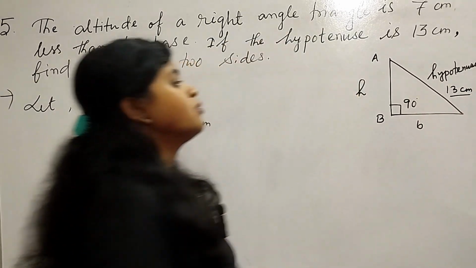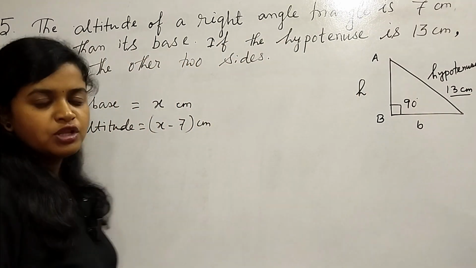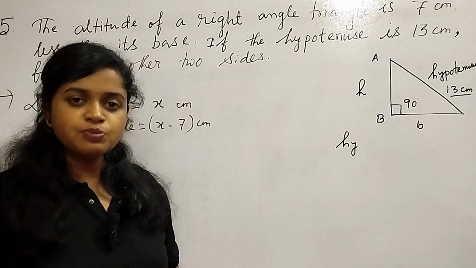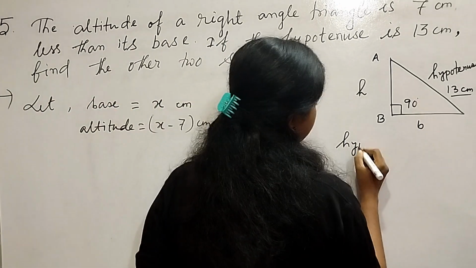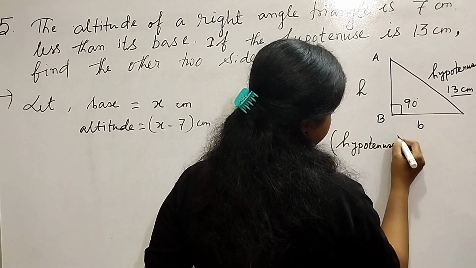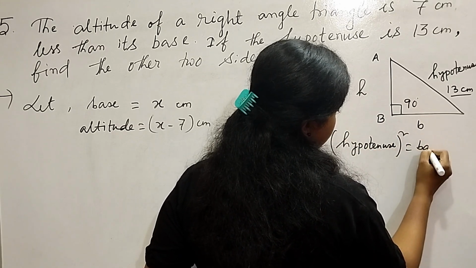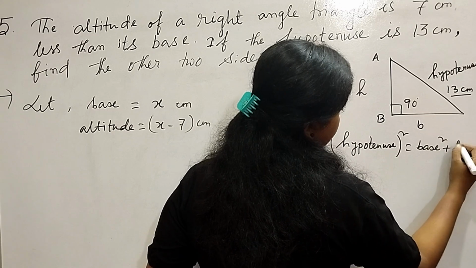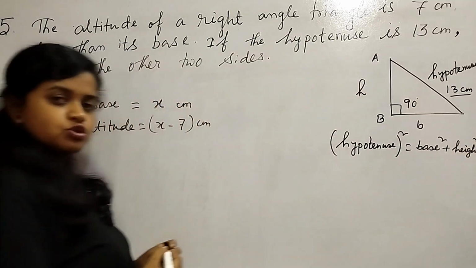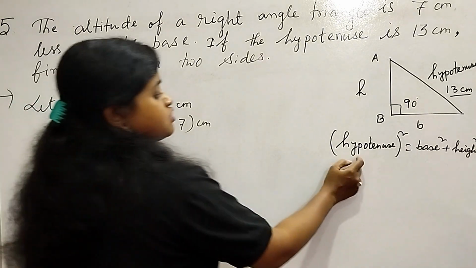Clear? So for the right angle triangle, we know there is a formula, the Pythagoras theorem. What is the Pythagoras theorem? Hypotenuse square equals base square plus height square. Height means altitude. So we are going to apply this formula.